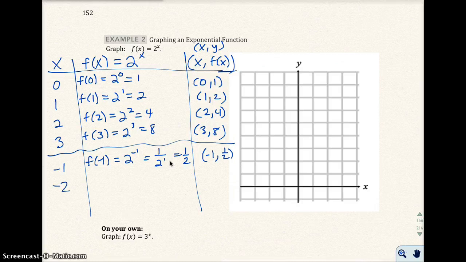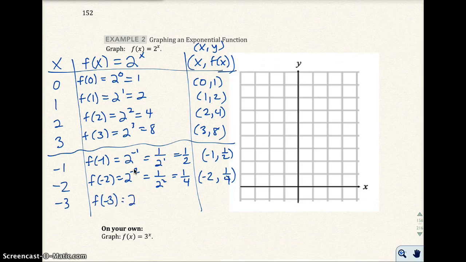But in negative 2, I get 2 to the negative 2 power, which is 1 over 2 squared. That's back in the P chapter, talking about the negative exponents. I get 1 over 4. If I did negative 3, I get f of negative 3 equals 2 to the negative 3, which is 1 over 2 cubed, which is 1 over 8.